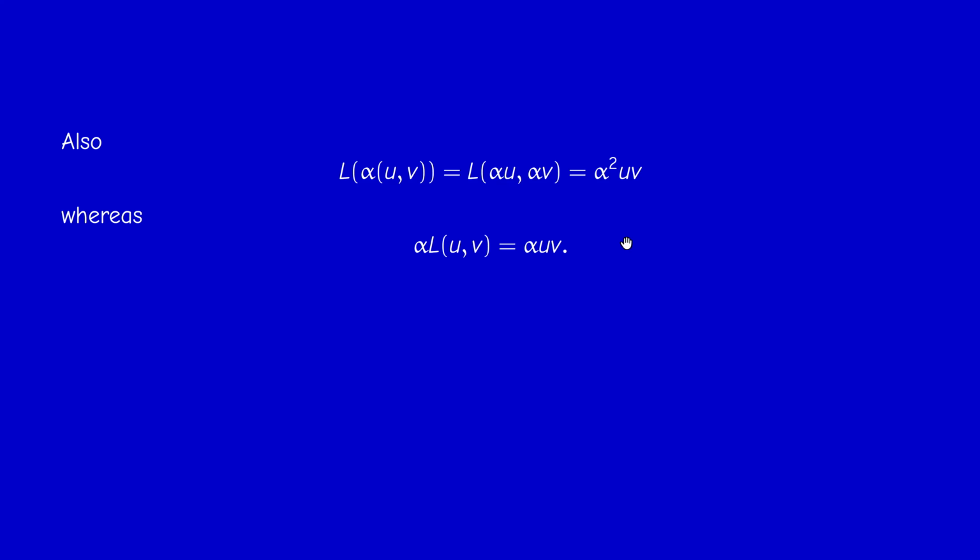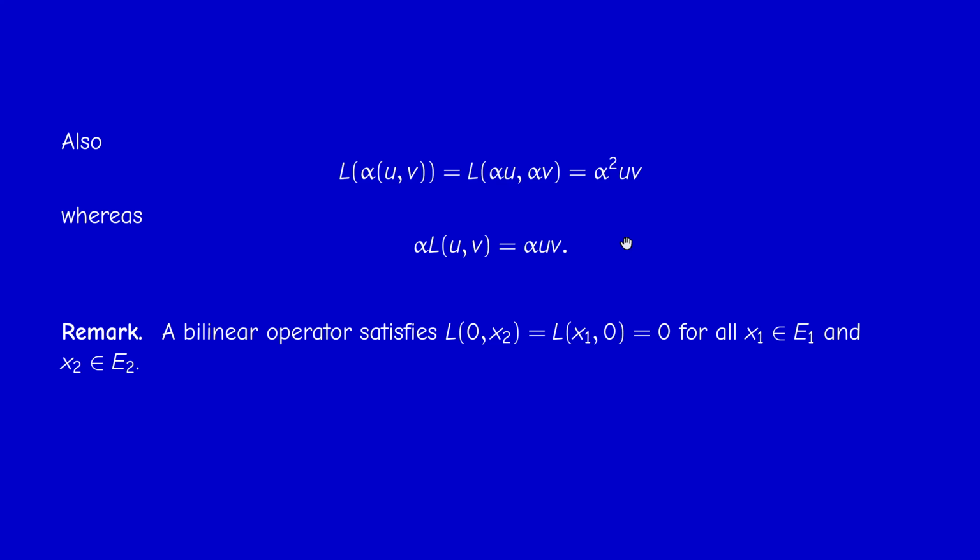We will do something very similar here, but it's not completely equivalent. Just before that, a remark: since a linear map vanishes at 0, if you have a bilinear map and we put one variable to be 0, then the result will be 0 because it's linear in each variable.